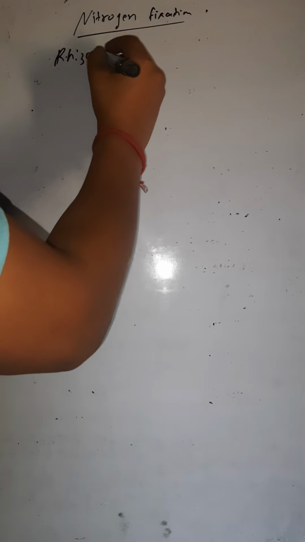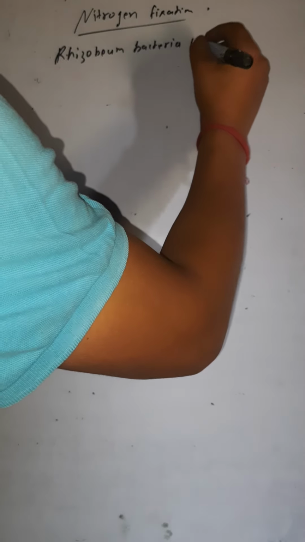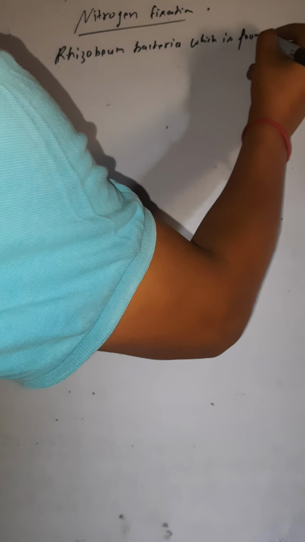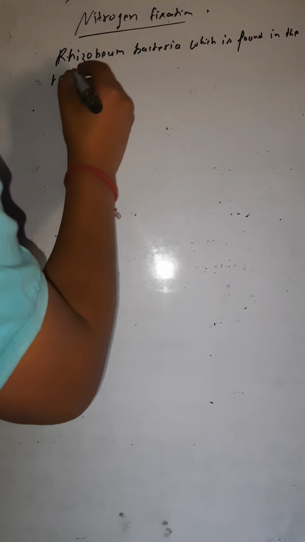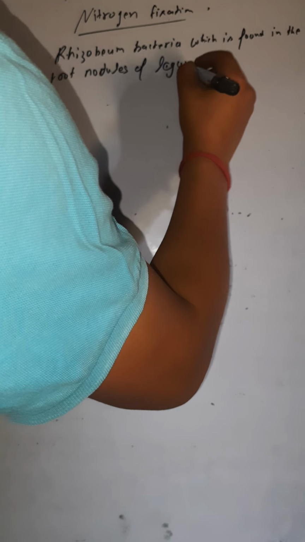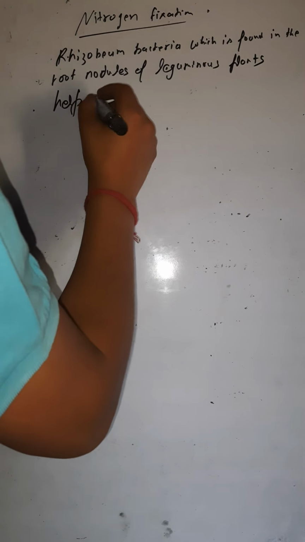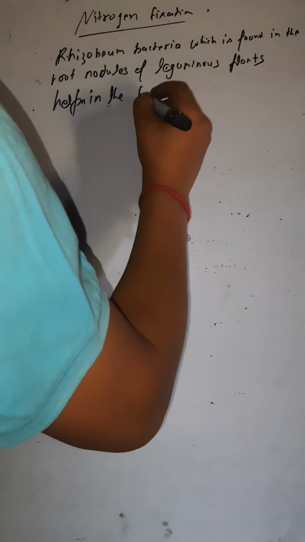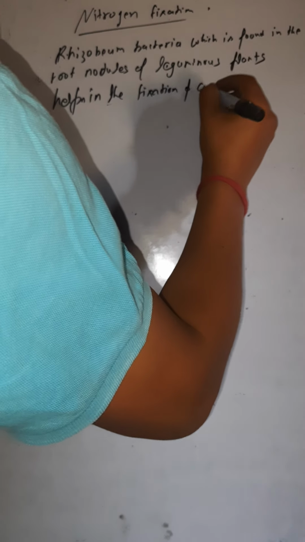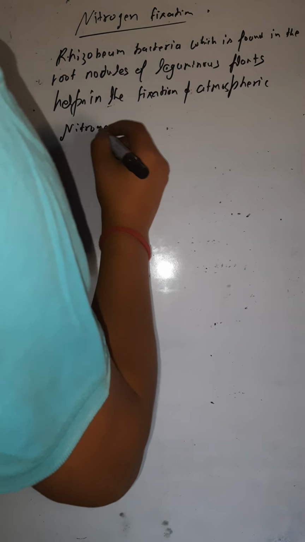This can be done by a bacterium, the rhizobium bacteria, which is found in the root nodules of leguminous plants and helps in the fixation of atmospheric nitrogen.